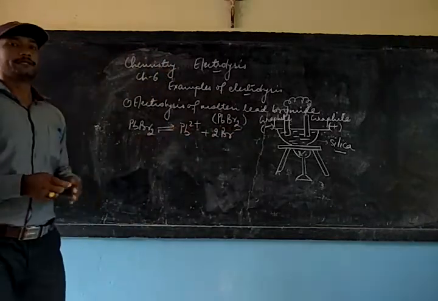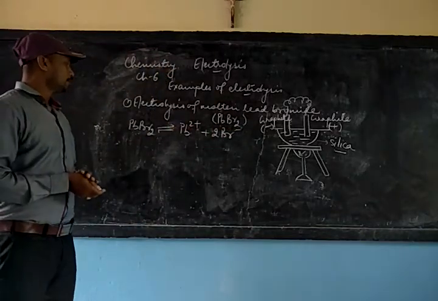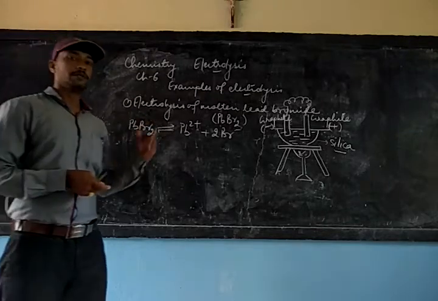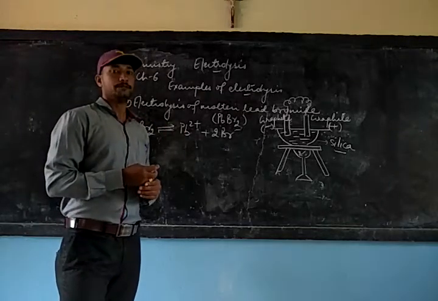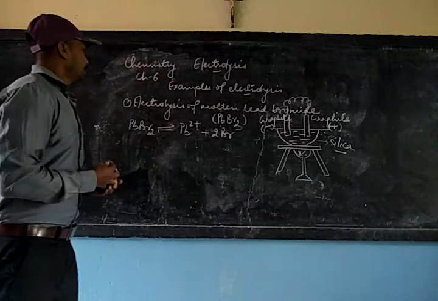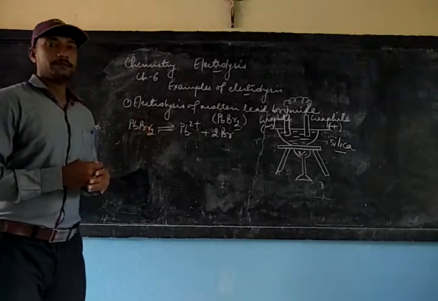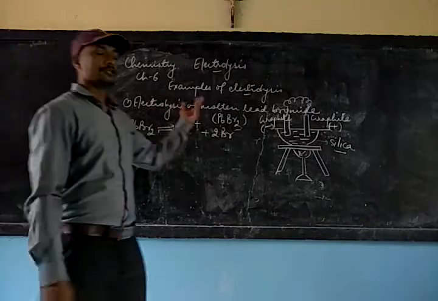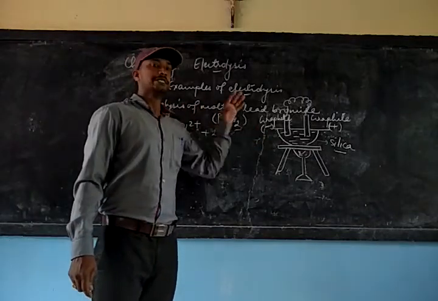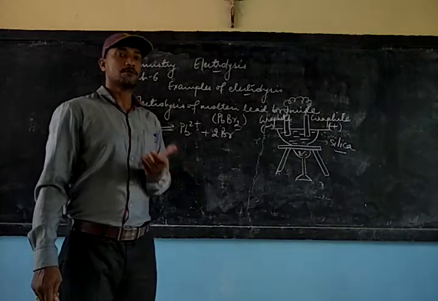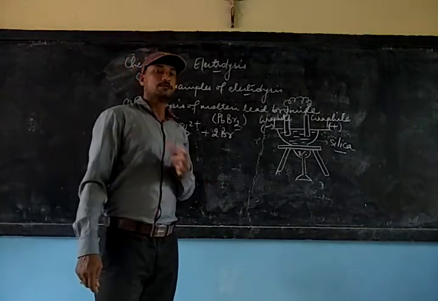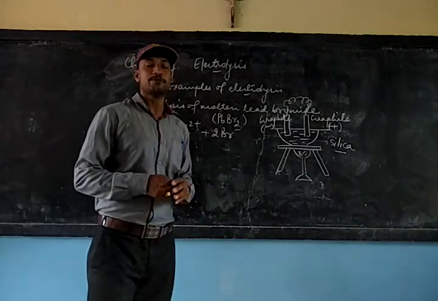These are the two ions that will be formed during the dissociation of lead bromide. Now we cannot show the ionization of water here because it is not a solution, since it is a molten state of lead bromide, so water will not be there, and so no ionization of water is required to be shown.